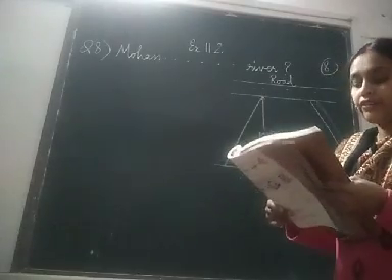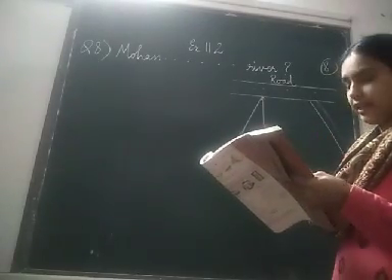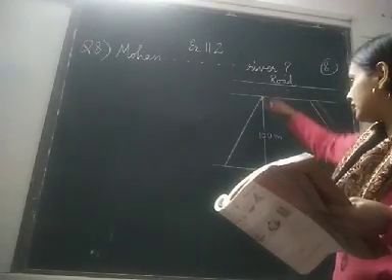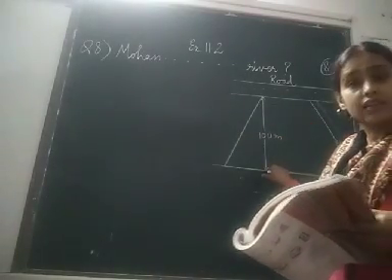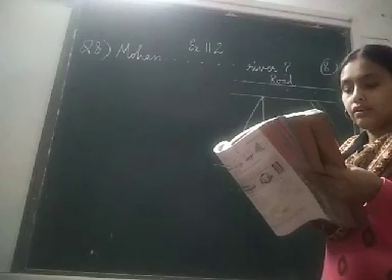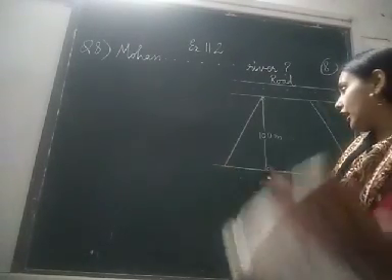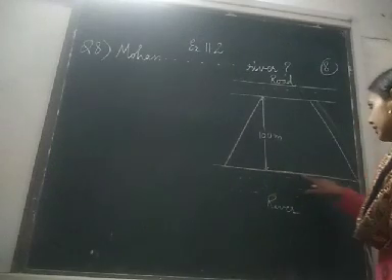The area of this field is given, that is 10,500 meters square, and the perpendicular distance, you can say height, is 100 meters. Find the length of the side along the river. We have to find this side.